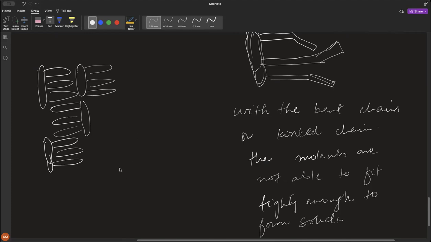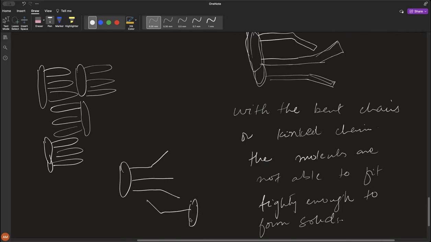But with the kink, you can see that they cannot closely and tightly pack together. So the particles cannot closely pack together.